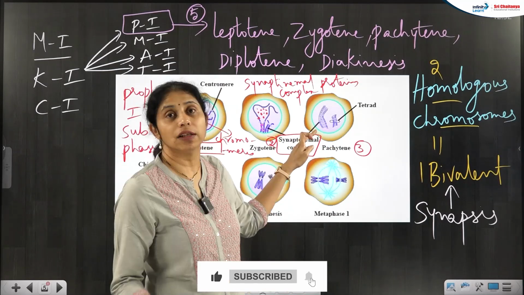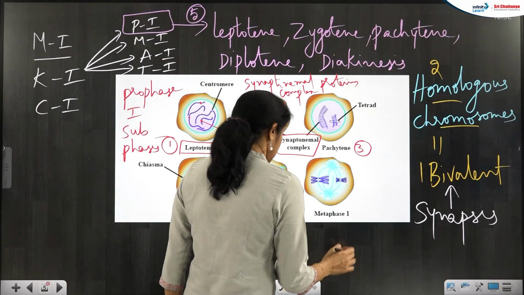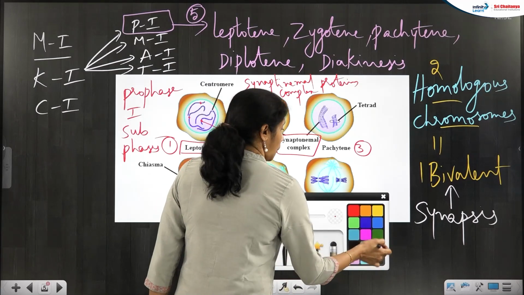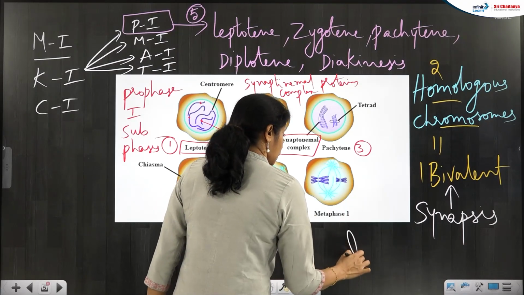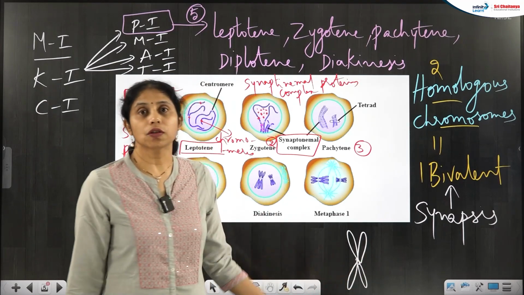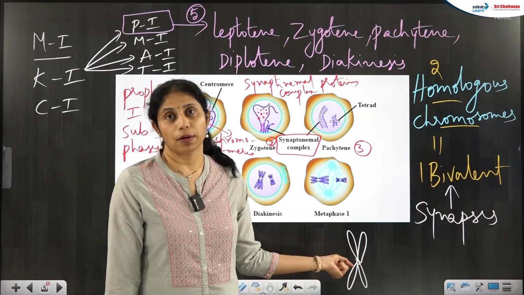So here we can see very clearly that each chromosome has two chromatids like this. The two sister chromatids will be joined at the centromere.